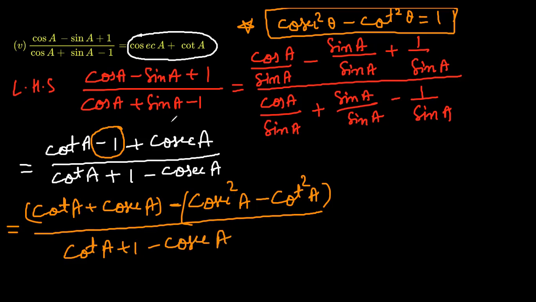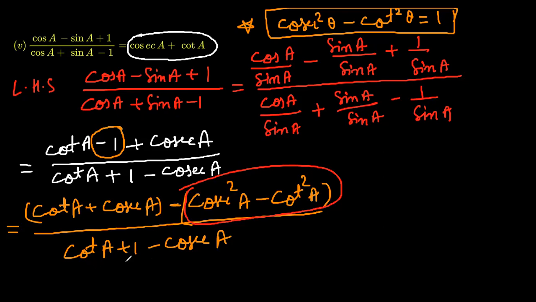Now, this term over here can be factorized and can be written as cosec square A minus cot square A can be written as cosec A plus cot A, cosec A minus cot A. Okay, can we write this expression up there? Means we want to write everything up there so that we could take common. Look at the denominator.